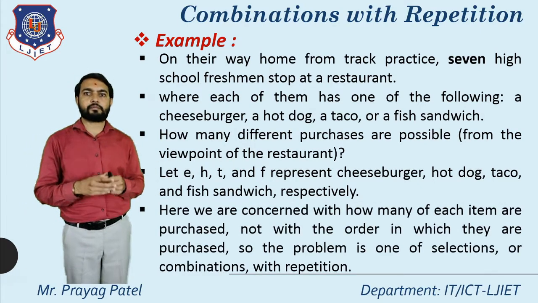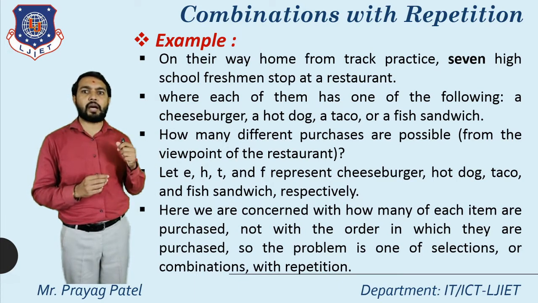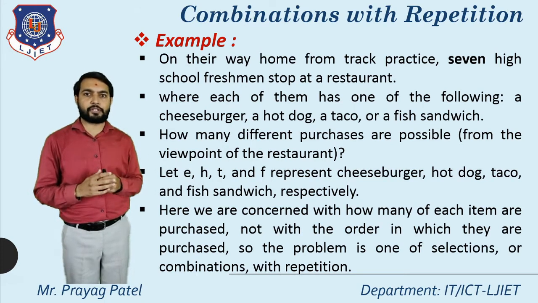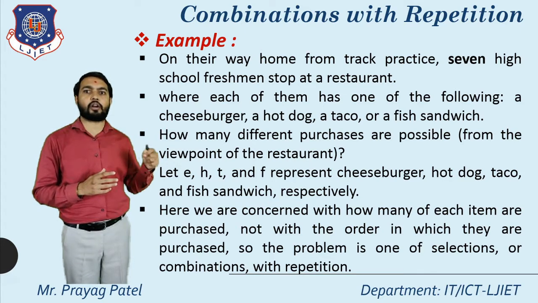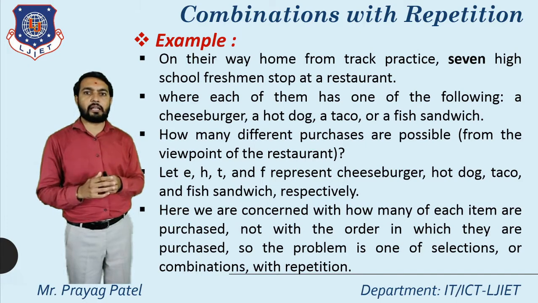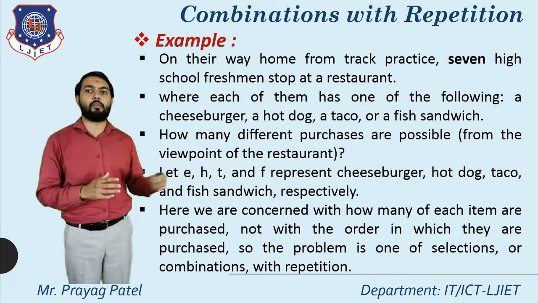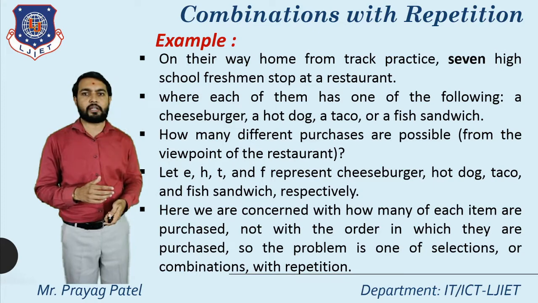Now here we are concerned with how many of each item are purchased, not with the order in which they are purchased. So the problem is one of selections or combinations with repetition. So this problem is an example of combinations with repetition.